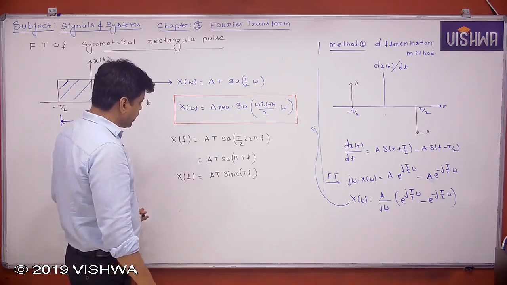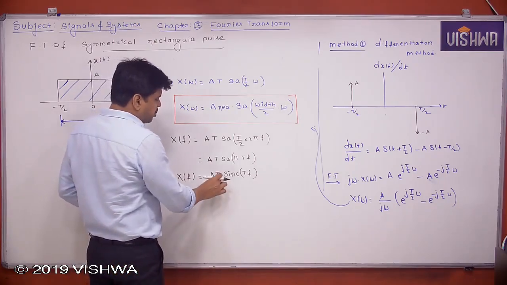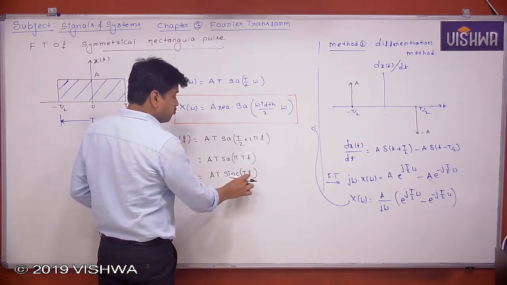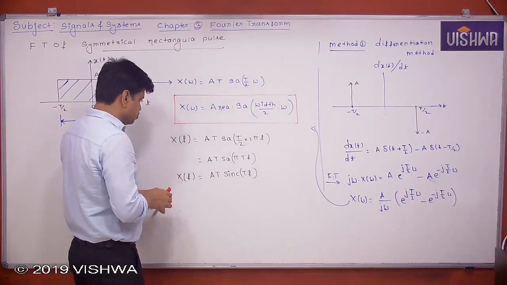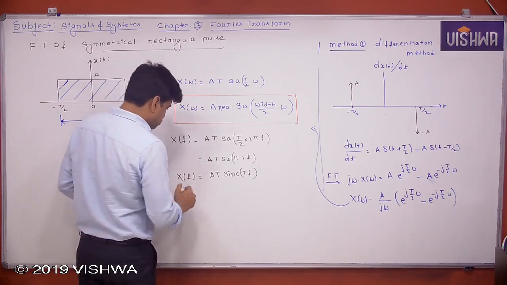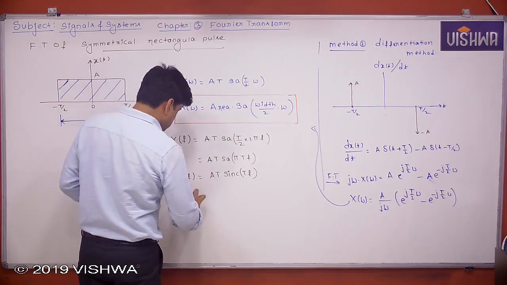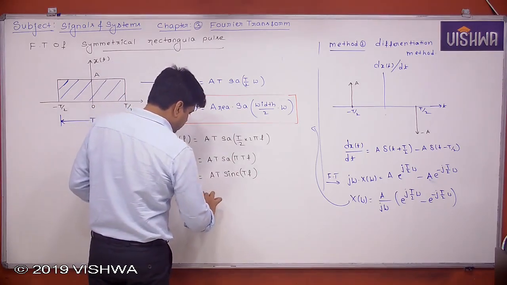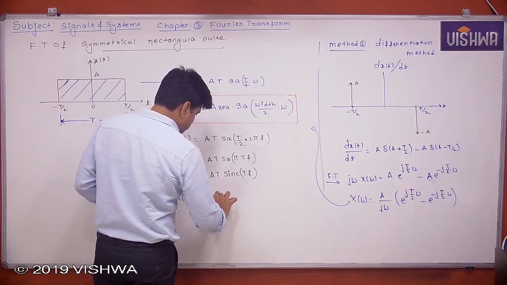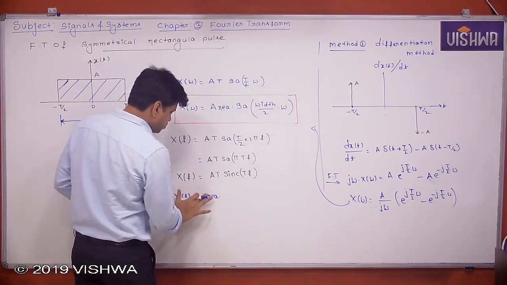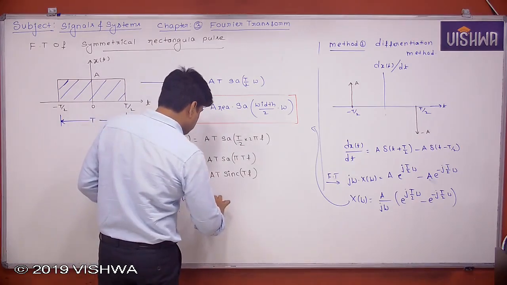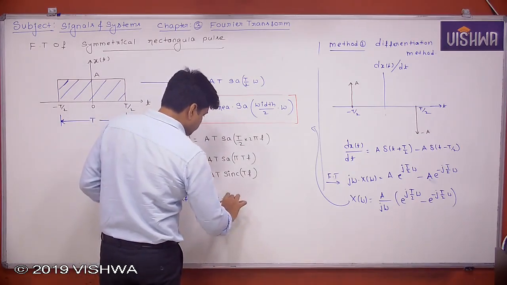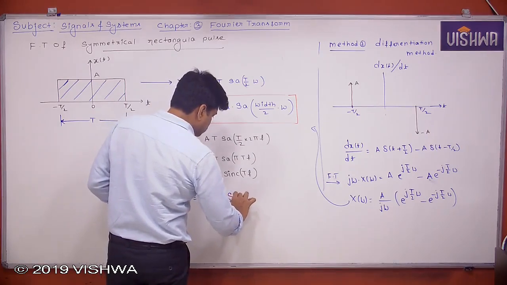Now I want to write it in a more general way. X of f is equal to AT, where AT represents area and T represents width. So directly we can write X of f is equal to area multiplied with the sinc function.